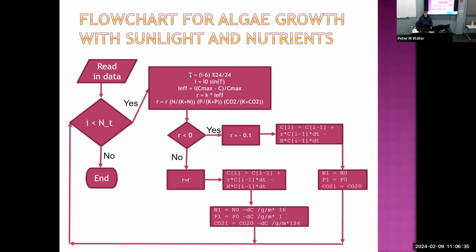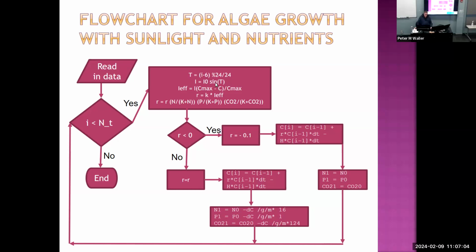First, we're going to calculate the time in basically fraction of a day. And we're going to use the modulo symbol, which means you just get the remainder over 24. So like if you were in time step 27, it would be 3. And that way we'll be able to go through each day and see what time of day we're at.